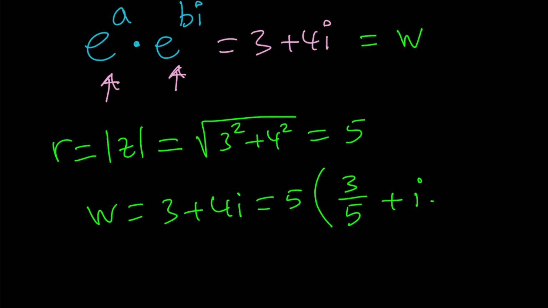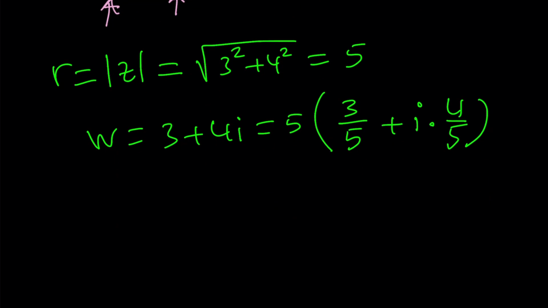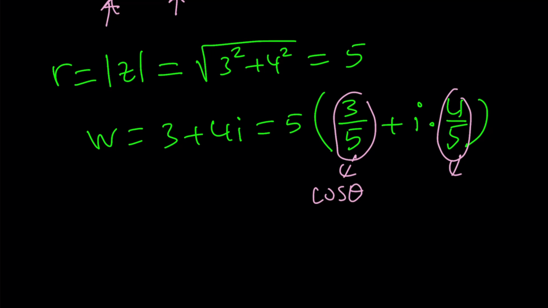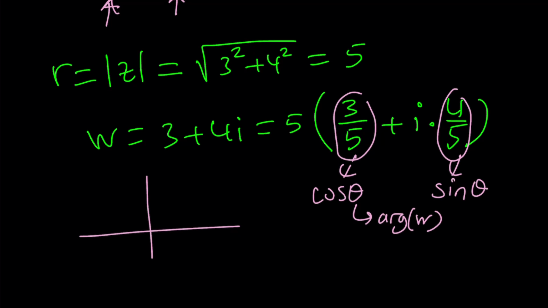Now notice that these numbers are special because they are the cosine of an angle and sine of the same angle, which is called the argument. So theta is called arg w, which stands for argument, which is the angle. So whenever you graph or plot a complex number, this is the angle we're talking about. And since the real and imaginary parts are both positive, we're in the first quadrant.